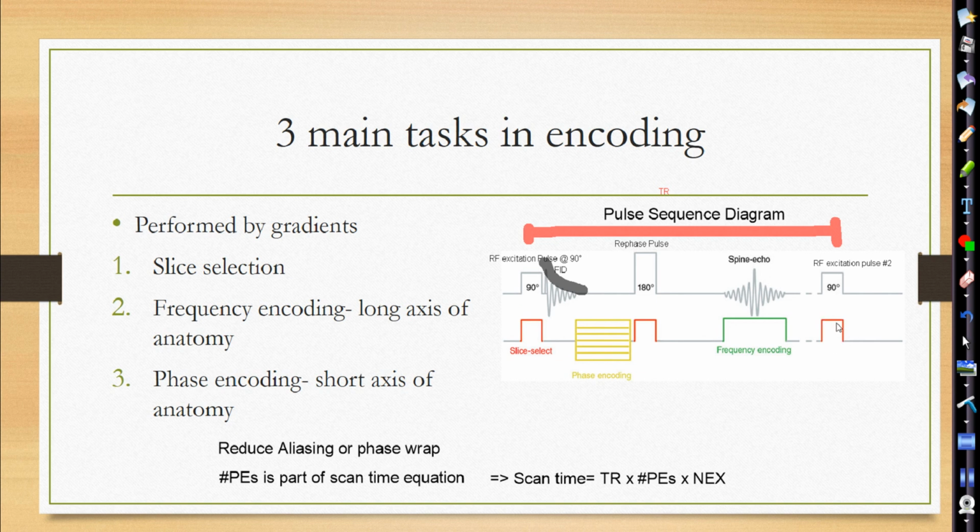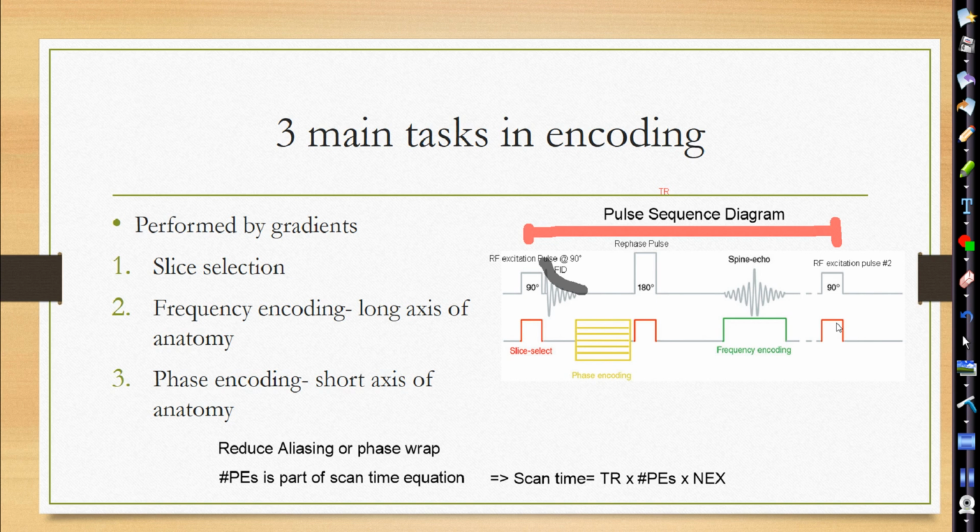And that's because, remember, we're trying to excite hydrogen protons within a particular slice. So we only select, say, this slice in my abdomen, and then all the other slices in your brain, in your feet, in your pelvis, don't get excited. We don't want to excite those, because we only want to resonate the ones within the slice, so that we only get signal from the ones in the slice. Okay? So we only excite that particular slice.